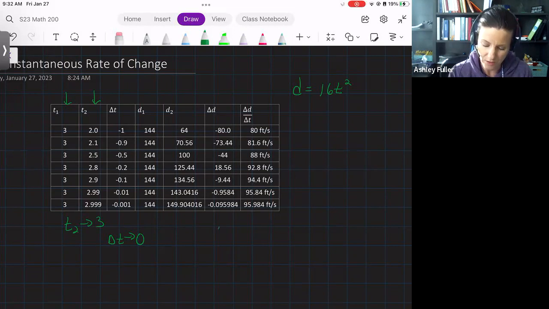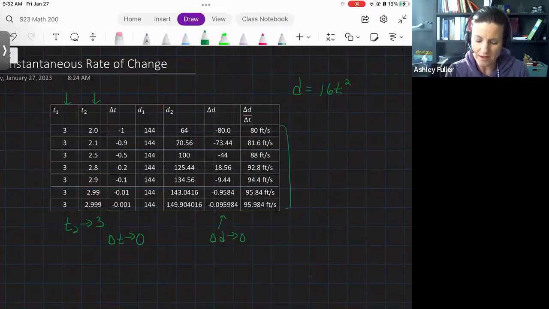We are also going to see that the change in D is going to approach 0 because it's reaching a point where that change is not going to be as great because our time is going to be less and less.